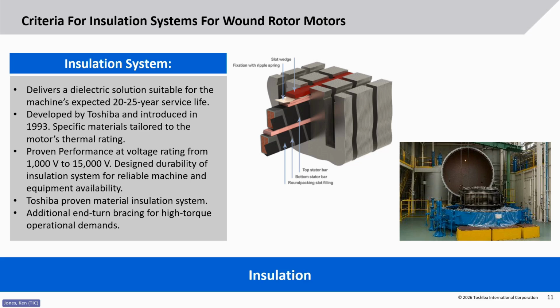The voltage capability, again, goes through 15,000 volts with regards to the wound rotor machine. We recognize that these are often used in difficult applications, and so we're looking at the correct bracing and support needed for operating the motor under those conditions.